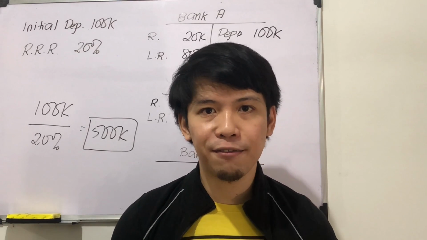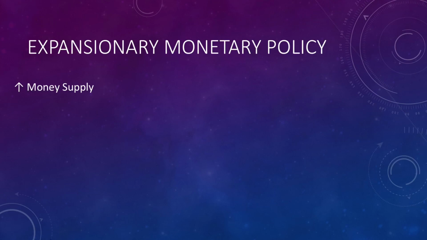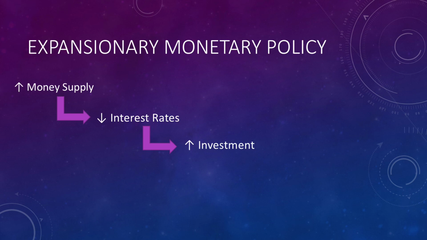So how can this have an impact on the overall economy? In expansionary monetary policy, the increase in money supply would translate to lower interest rates. The more money in circulation, the lower the price of borrowing. Lower interest rates would translate to a lower cost of capital for private firms. If the cost of capital is lower, more investments will be made by the private sector.